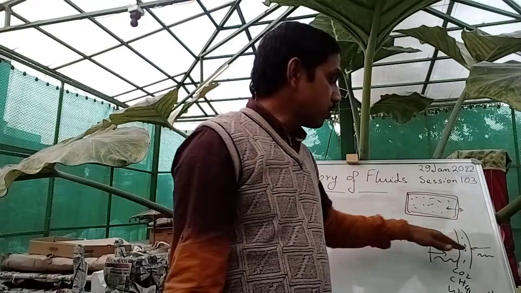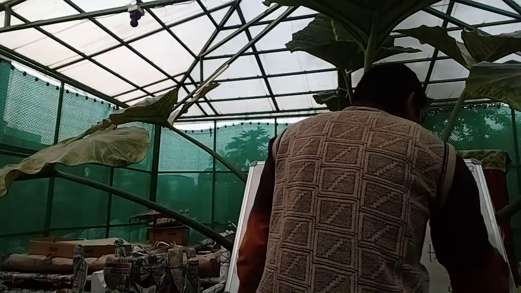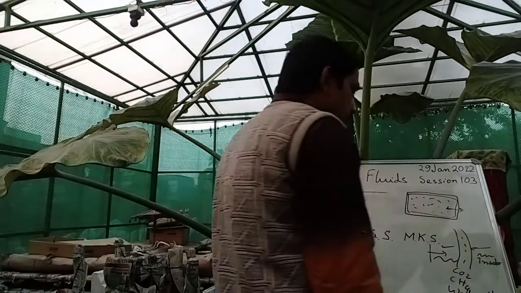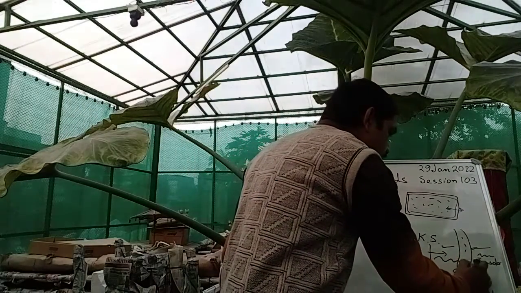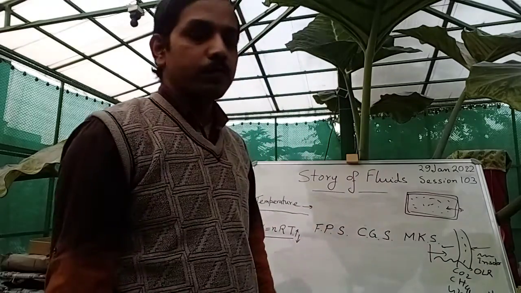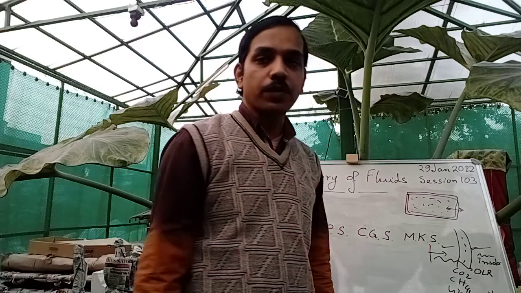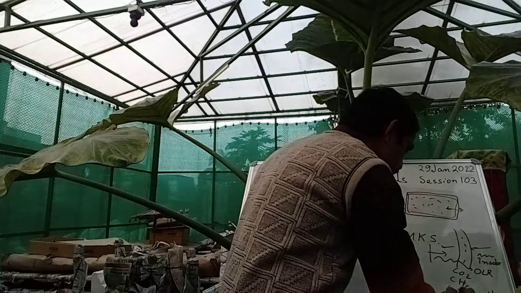So that does not interfere much with the shorter radiations that are incoming in solar. But OLR, the outgoing radiation, is getting absorbed by the CO2, CH4, water vapor, and some other greenhouse gases. This is the greenhouse gas.